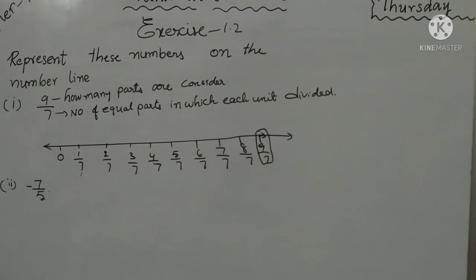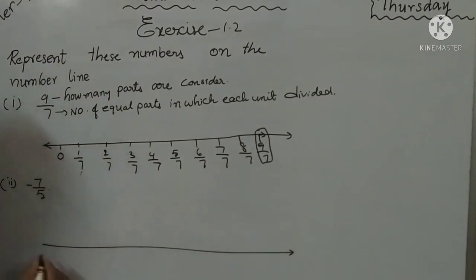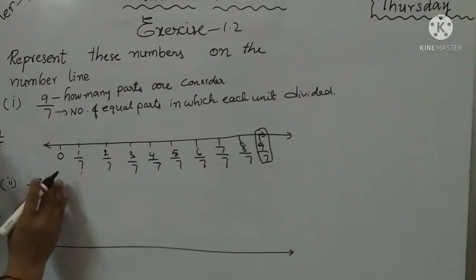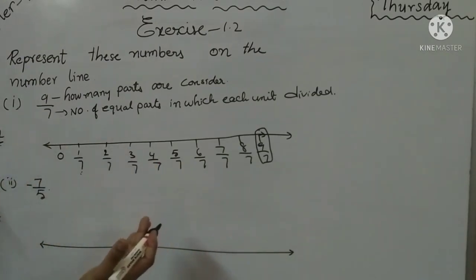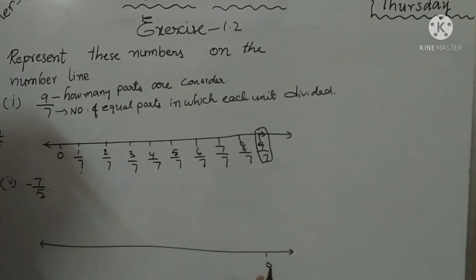Understand here? At the same time, minus 7 by 5. This is a number line. It is the solution. So, here take the negative values. From 0, on the right side we have to take the positive values and on the left side we have to take the negative values. Here 0 is 0, and the denominator 5 is the number of equal parts in each unit.